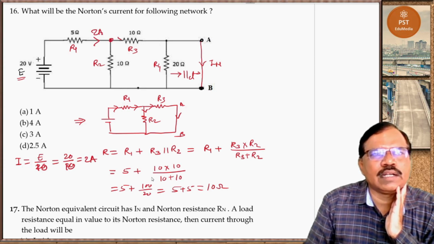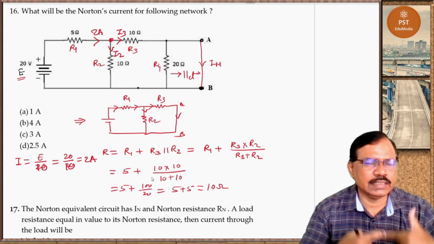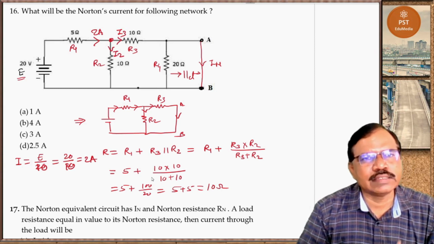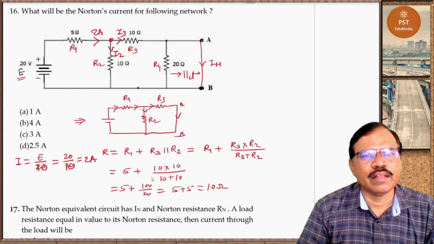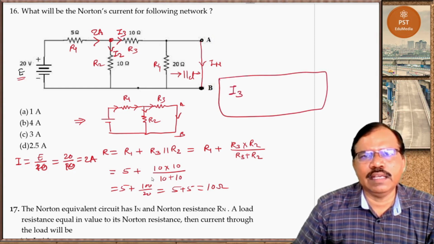Now the total current is divided into two parts, I3 plus I2. But since R2 and R3 are the same, you can take I3 equal to total current I into R2 upon R2 plus R3.